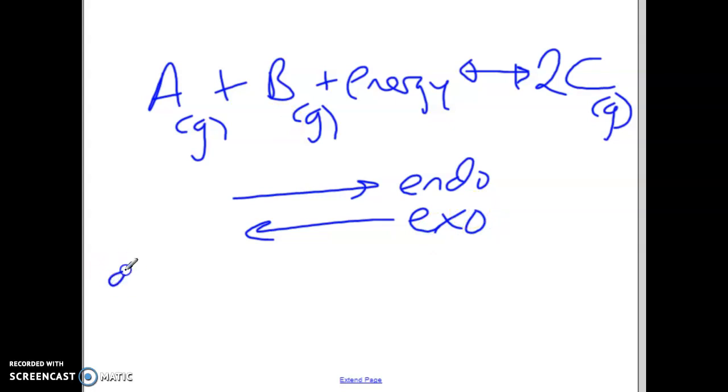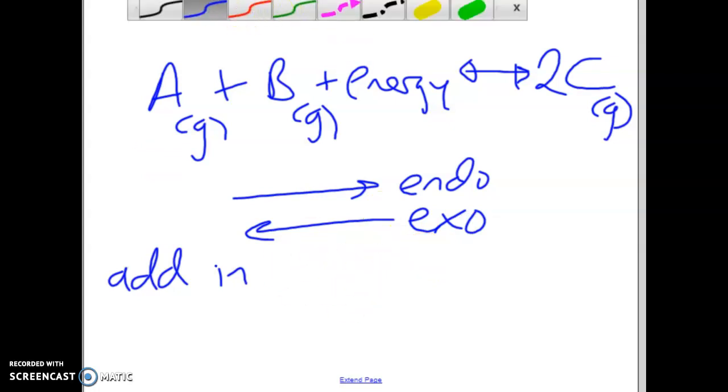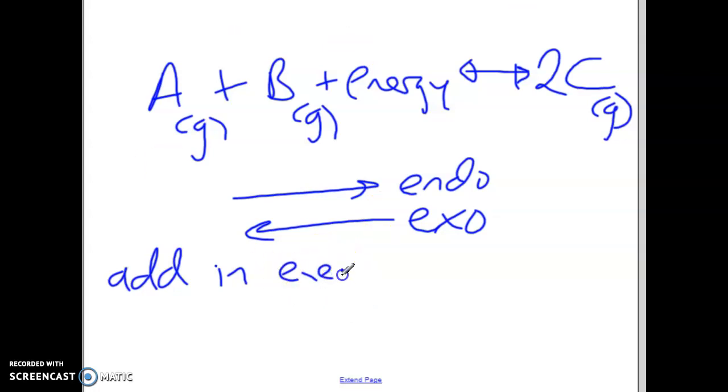So if all of a sudden we were to add in energy, right? Sorry about that. So we're going to add in energy. So you're adding in energy to a reaction that is already endothermic. When you add in extra energy, it is going to push the endothermic reaction to go faster. Think about it.